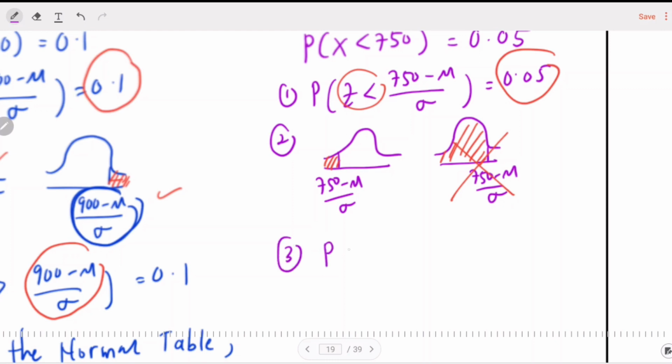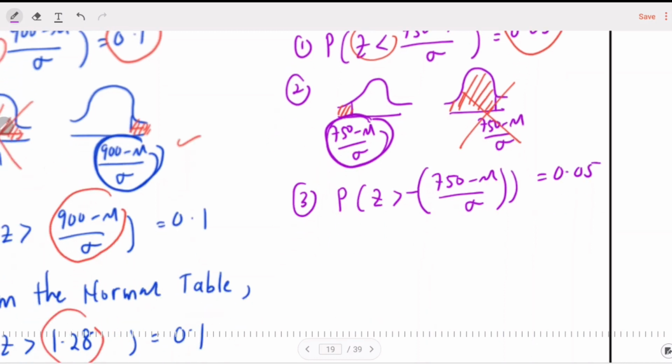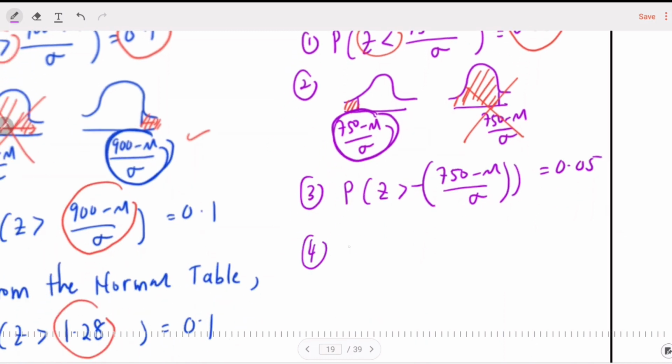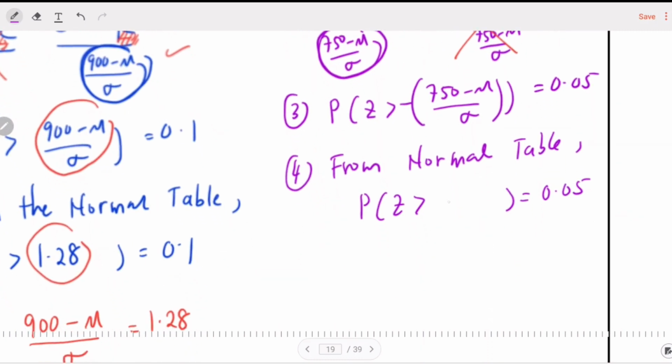We don't need to put 1 minus, so it's just Z greater than this value here. But since our Z lies on the negative side, we need to multiply it with a negative number. Lastly, take a look at the standard normal table. Find the value of Z that will give us probability 0.05. So if you take a look at the normal table, you're going to get the value of Z is actually 1.64.